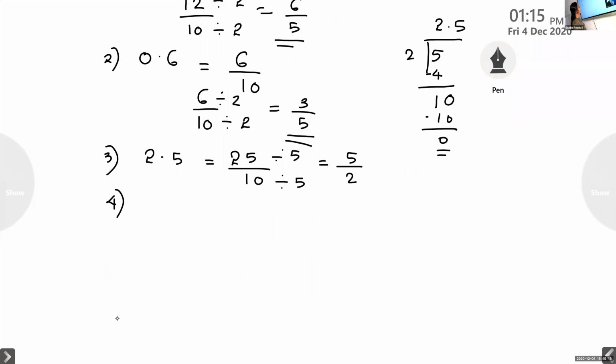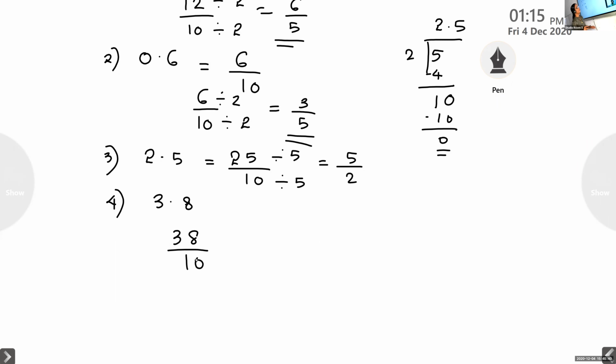Fourth one, if you want, you just do the division on the right side of your notes. And next is 3.8. 38 by 10. How many decimal places? Only one decimal place, so it is divided by 10.